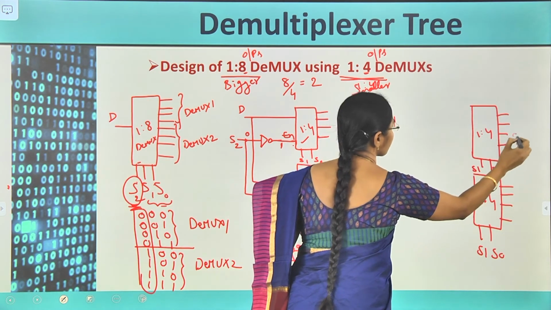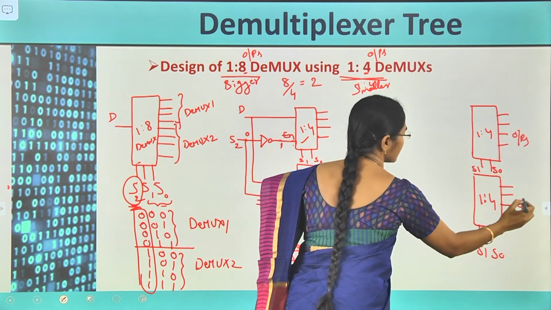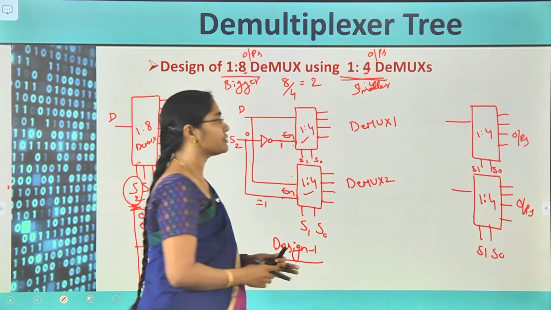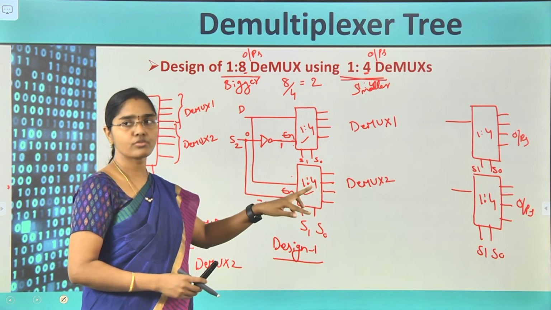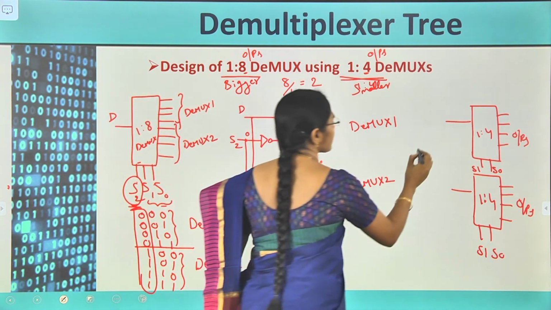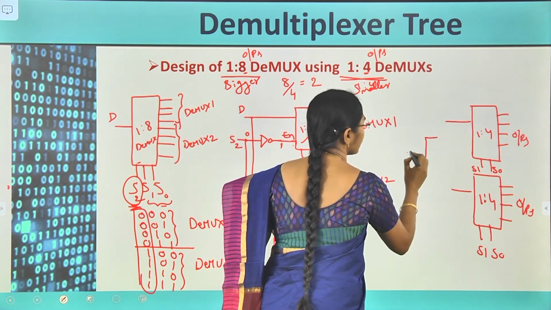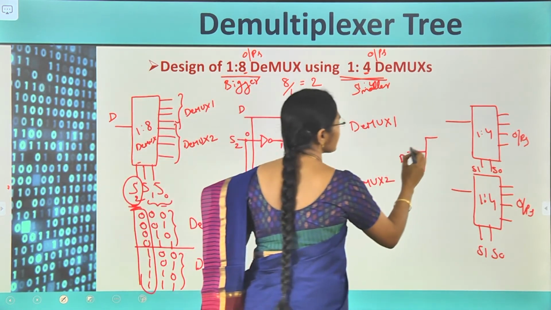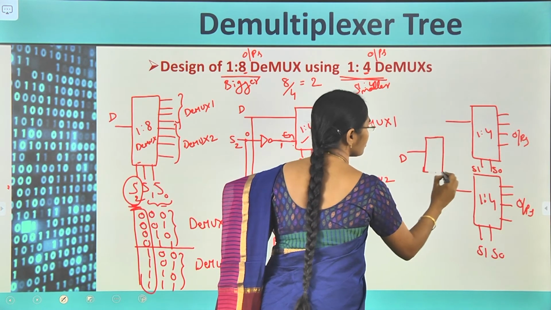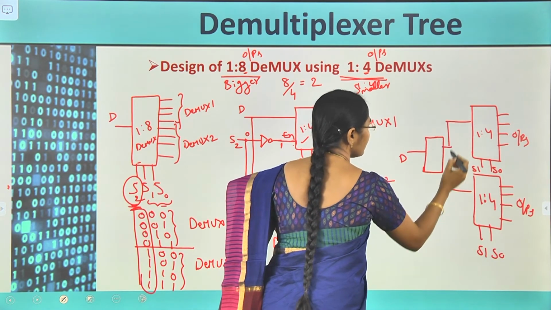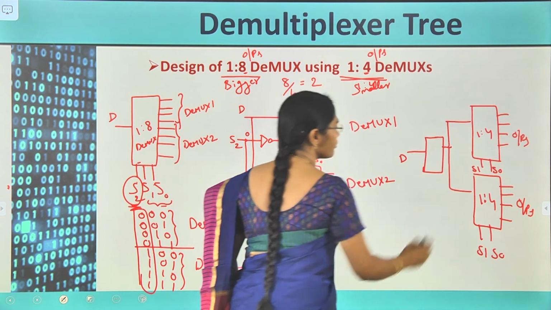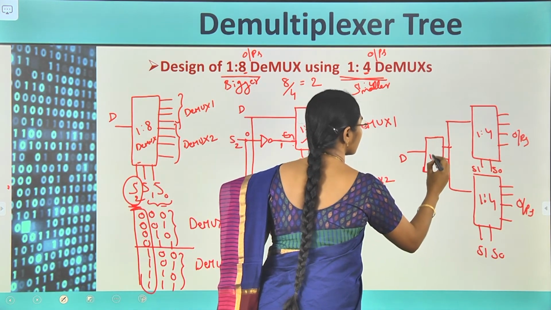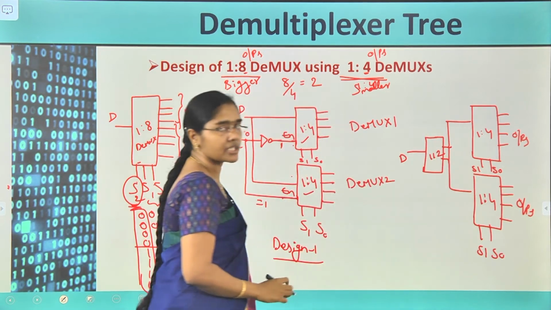Okay, these are outputs and outputs. Now here, 2 inputs are actually required for the 1:4 demultiplexers, but we have only one input signal, D. That one input signal D will be connected to the inputs of the 1:4 demultiplexers using a 1:2 demultiplexer.